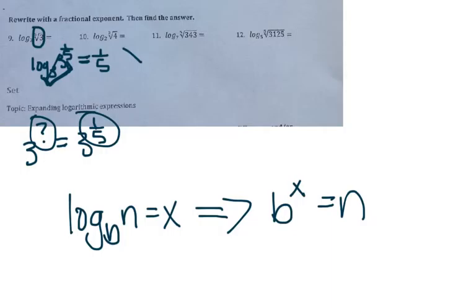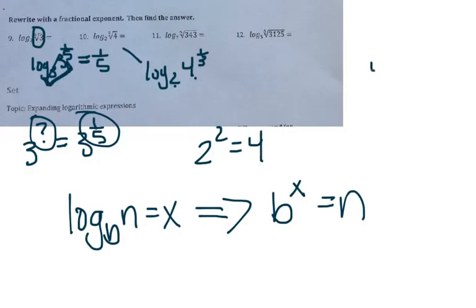So log base 2 of cube root of 4. So log base 2 of 4 to the 1/3. Now, those aren't the same number, but 4 is really 2 squared, right?